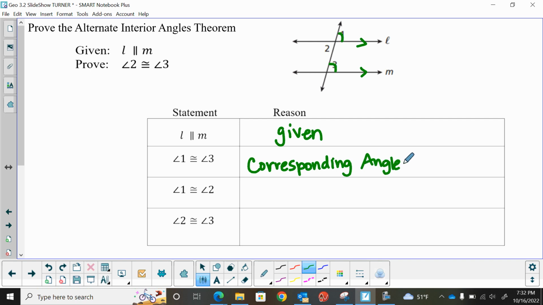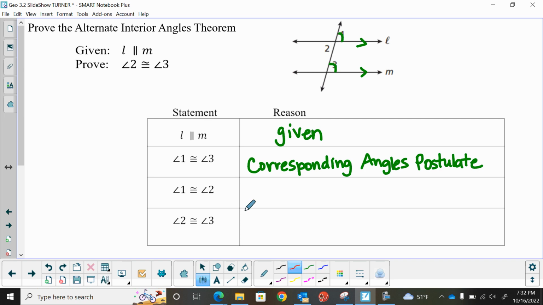And remember, a postulate is something we accept to be true without proof, and we can use that as a reason in proofs. So we're going to be using that postulate to prove those other theorems. So that's 1 and 3 are congruent because of the corresponding angles postulate.